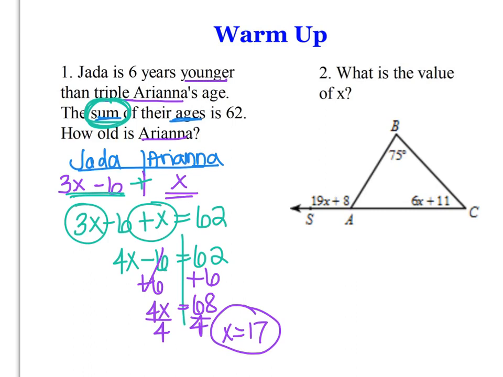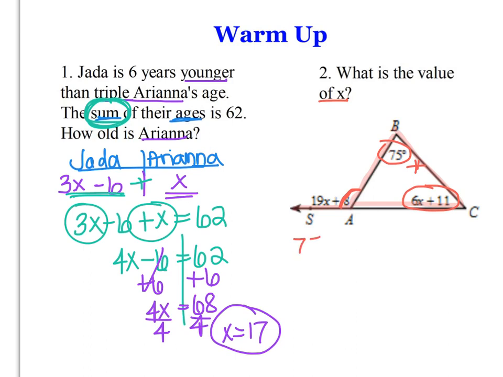Okay, number 2, what is the value of x? Here I see that I have a triangle and an exterior angle of the triangle. It is on the outside of the triangle, touching one of the sides. That means the exterior angle is equal to the sum of the two non-adjacent angles, the two opposite angles of the exterior angle.